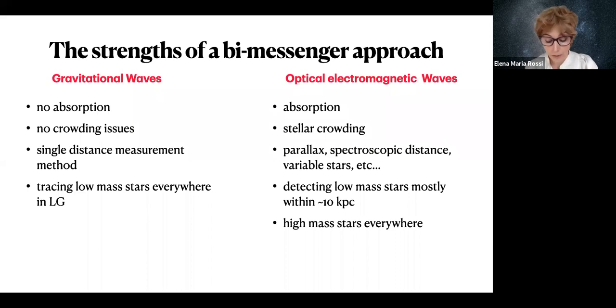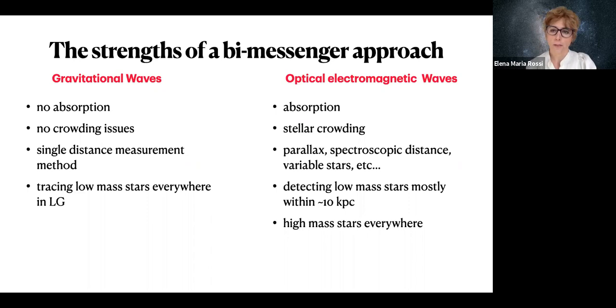In particular, I will focus for this talk on the optical electromagnetic wavelengths. But of course, this work has to be expanded and will be expanded to other electromagnetic messengers. But focusing on optical and its comparison with gravitational waves, as you saw in the Gaia sky map, optical is easily absorbed, and Gaia is not optimal in crowded regions.